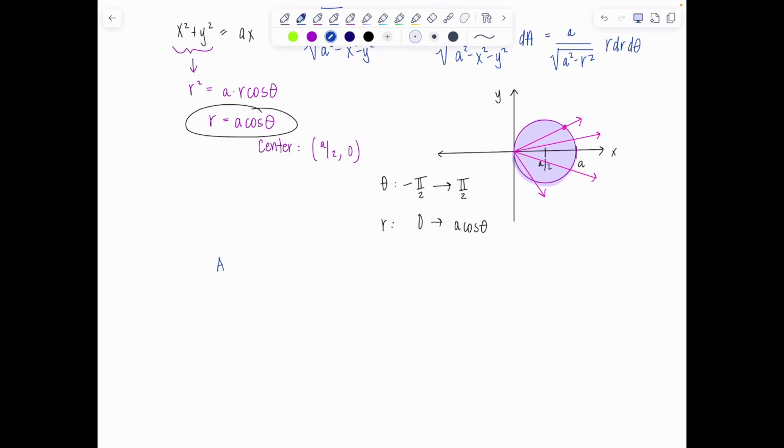The area of the surface is going to be the integral from negative pi over 2 to pi over 2, integral from 0 to a cosine theta, of a over square root of a squared minus r squared times r dr d theta. Are we good?